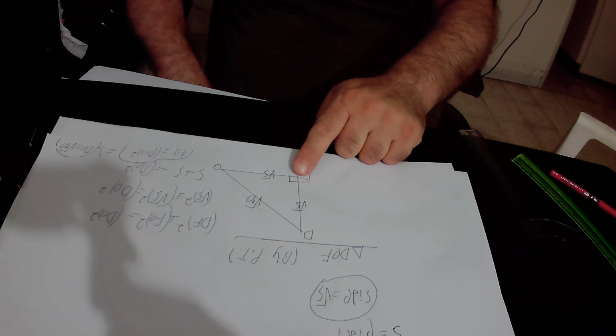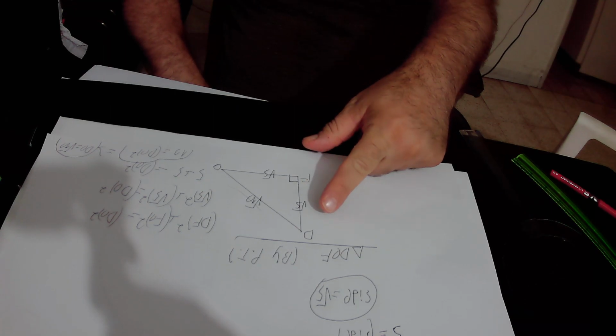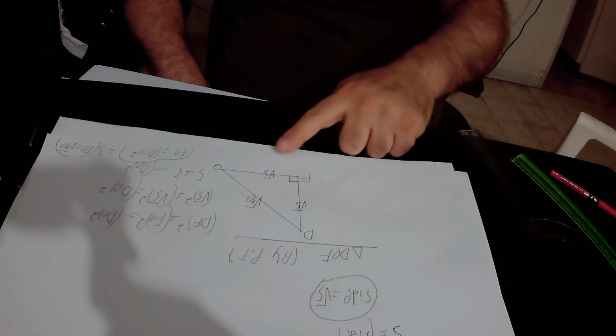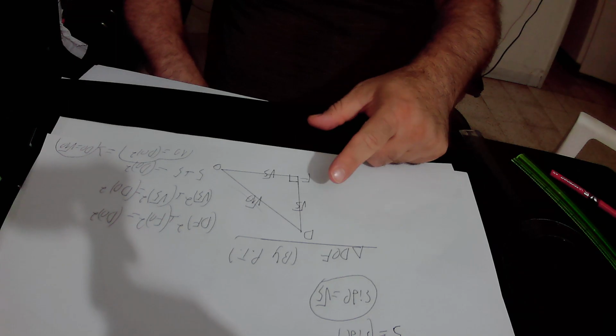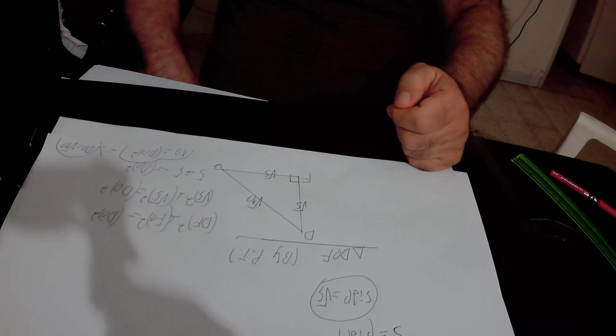This angle equals 90 degrees because it is 1 out of 4 angles of square DEFO, therefore it must be a right angle. We implemented the Pythagoras theorem on the right triangle DFO. According to the Pythagoras theorem, the square of the hypotenuse equals the sum of the squares of the perpendiculars.